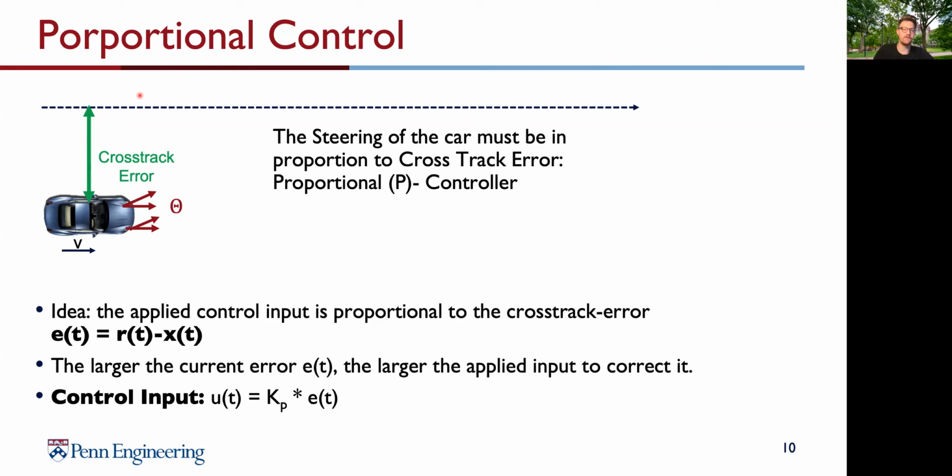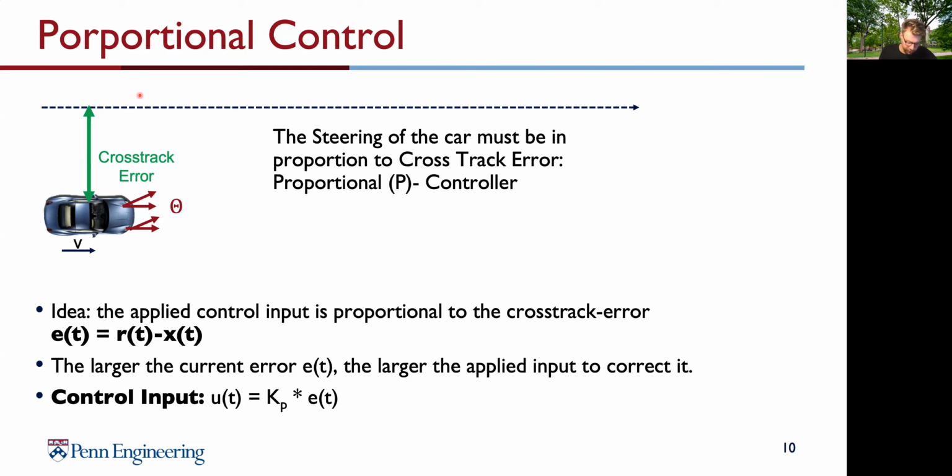Our error is the reference signal minus the output signal. The larger the current error e(t) is, the larger is the applied input to correct it. Which means if we have a high cross-track error, we have a high steering angle. If we have a small cross-track error, we have just a small steering angle.